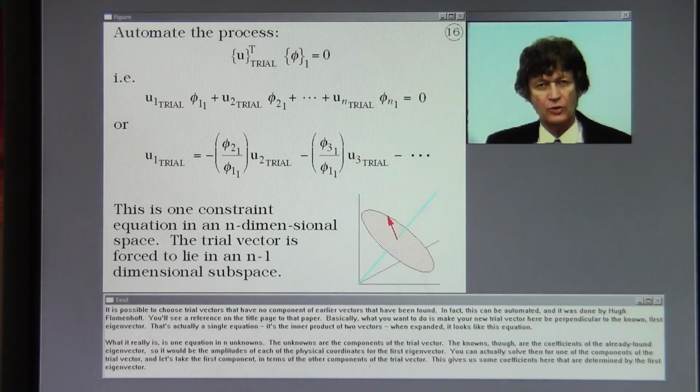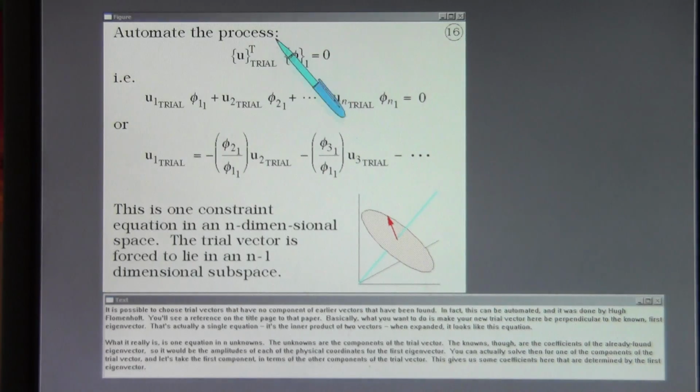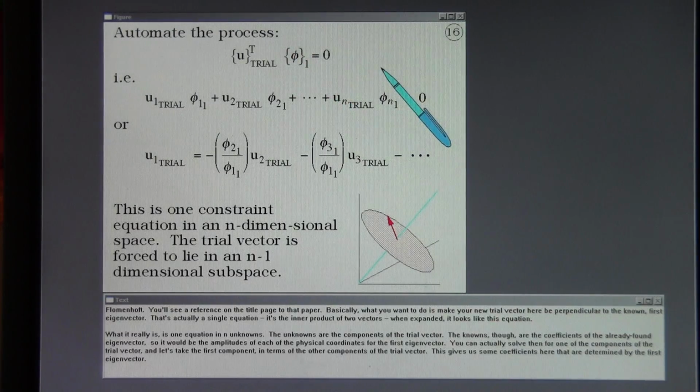It is possible to choose trial vectors that have no component of earlier vectors that have been found. In fact, this can be automated, and it was done by Hugh Flamenhoft; you'll see a reference on the title page to that paper.